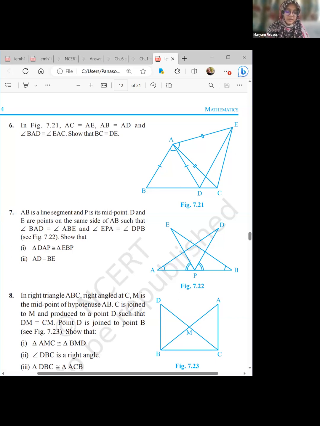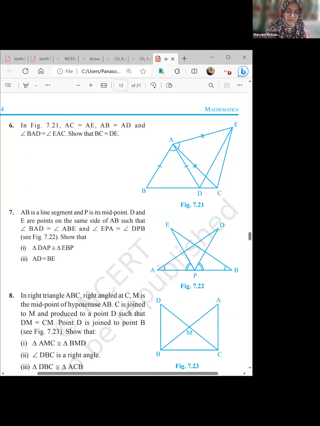Are you getting it? We have to show these two angles are equal. This angle and this angle. But that isn't given to us. What is given? Some other angle is given. This angle is equal to this angle. Now what do we do about that?